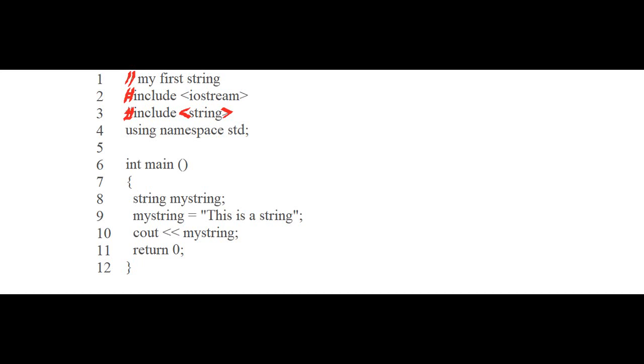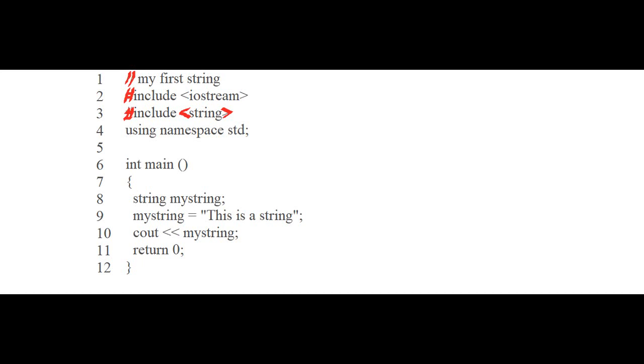Is the string class a fundamental type or a compound type? An example of compound type is the string class. Variables of this type are able to store sequences of characters, such as words or sentences, a very useful feature.